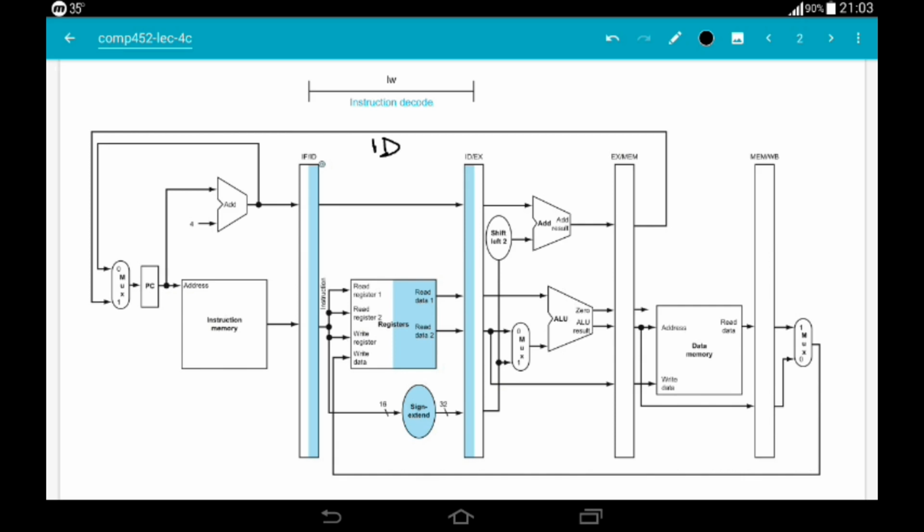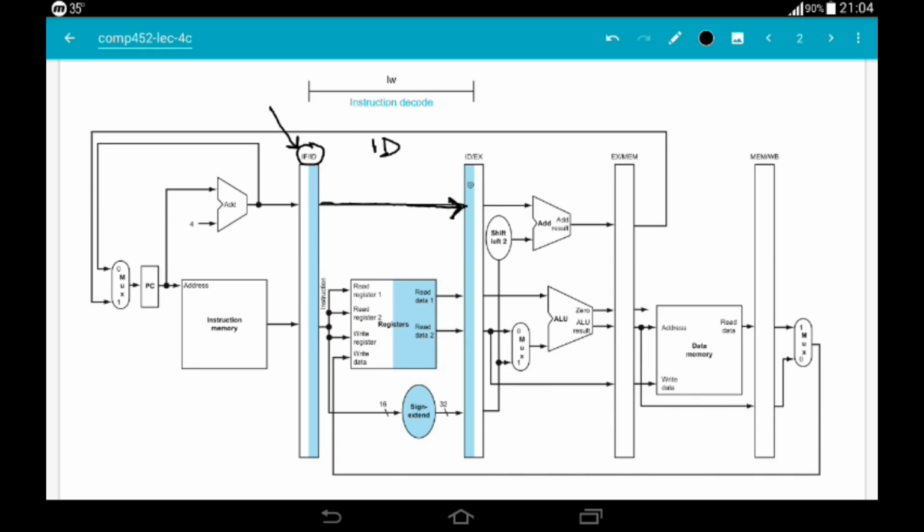Now what's happening here? Look, the same IFID register that we wrote in the previous clock cycle is now being read. See, the left half is shaded, which means that this pipeline register is being read, and it's producing the PC plus 4 value and writing it into the IDEX register.